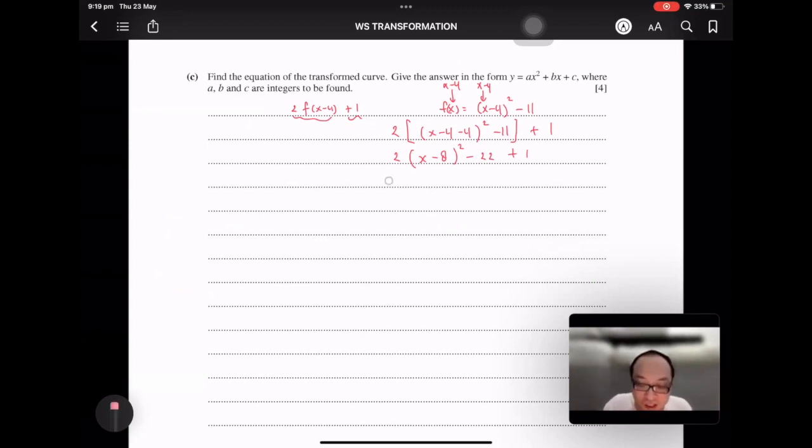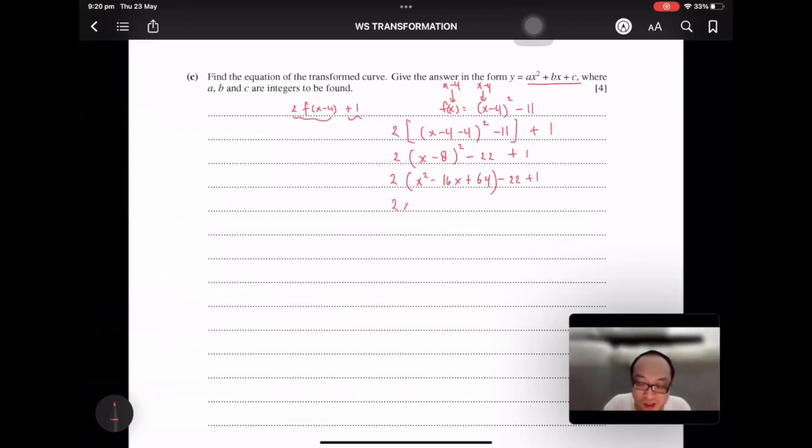So it is 2, and then we can expand this because we have to express in this form. So x squared minus 16x plus 64, close bracket, minus 22 plus 1.